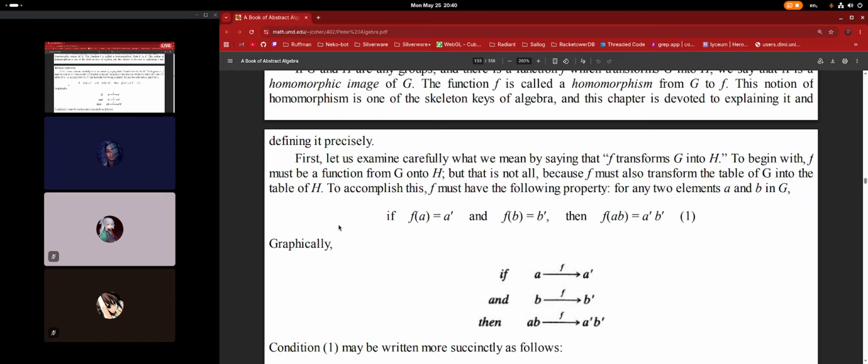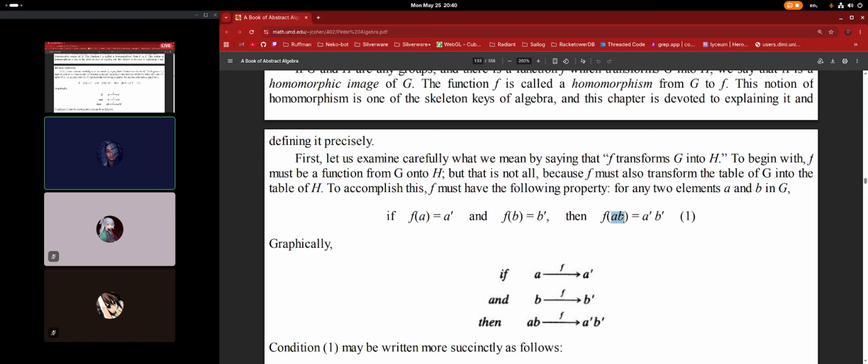Anyway, so let's examine carefully what we mean by saying that f transforms G into H. To begin with, f must be a function from G onto H. But also, f must transform the table of G into the table of H. To accomplish this, f must have the following property for any two elements a, b in G. So we say that if you apply f to a, which is in G, you get a prime, and f to b, and b being in G, you have b prime.